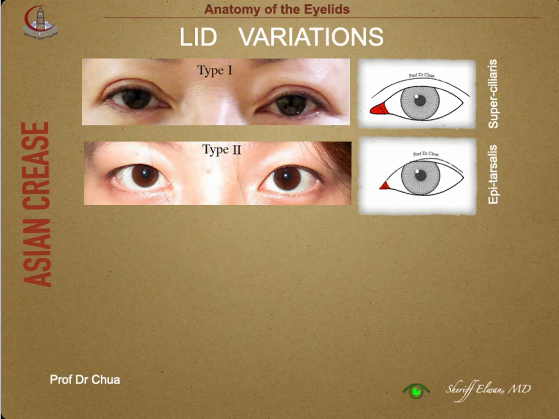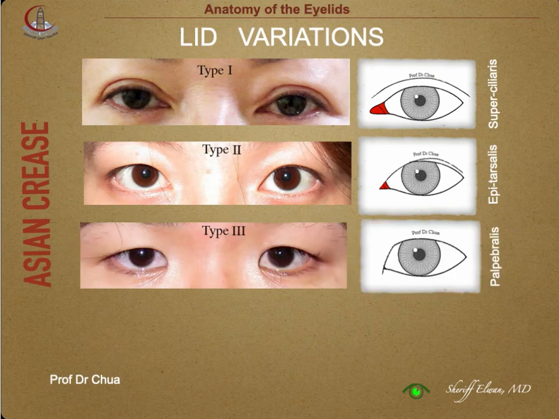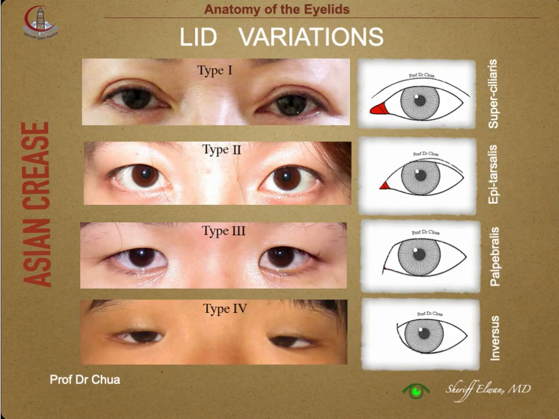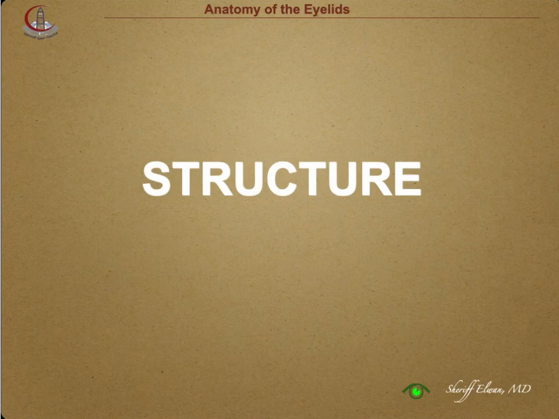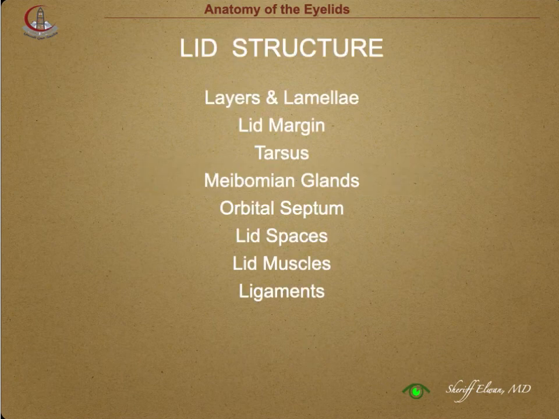And this is the epitarsalis, less common, type 2, the palpebralis, type 3, and finally the inversus, which is least common, type 4.